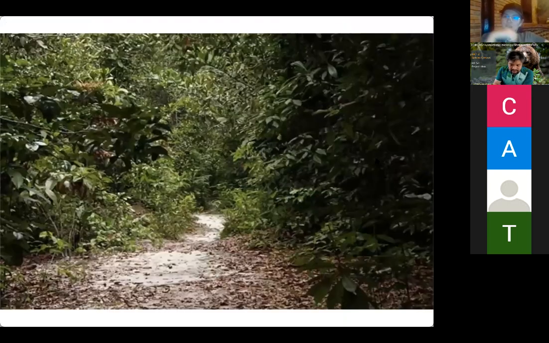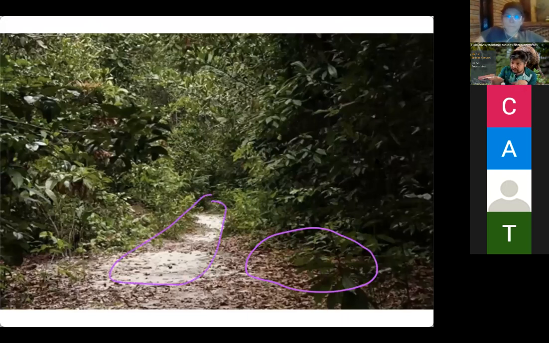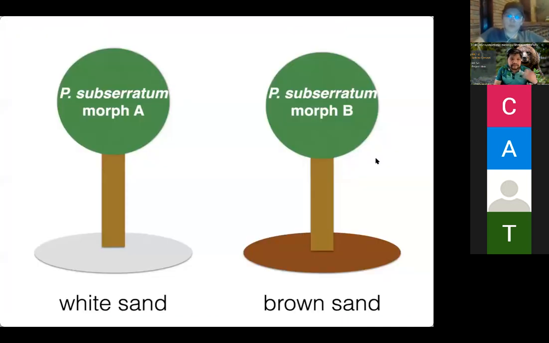And this is what the forest in Amazonia looks like. There's typical forest soil and this white sand patch next to each other, like they're mixing. There are two types of soil, and this species of plant looks kind of different on each. There's the white sand morph and the brown sand morph.